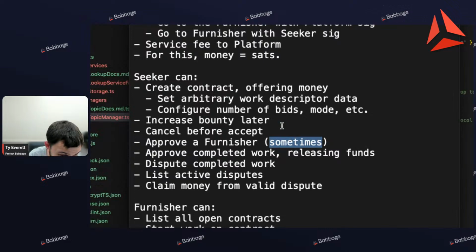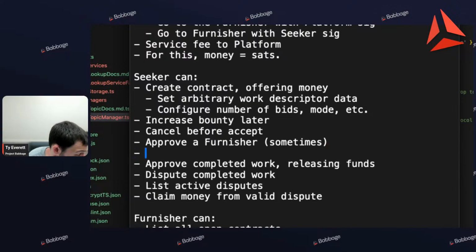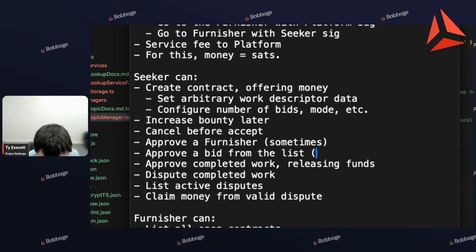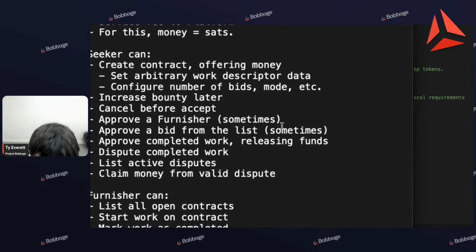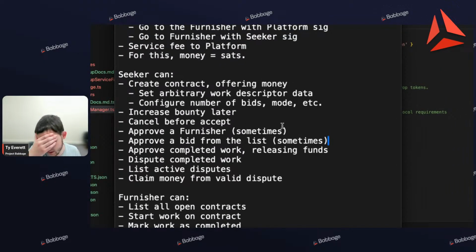So now we're going to get into the details of this. Can a furnisher just accept the contract? Sometimes, sure. So sometimes the contract will automatically accept a person starting work.